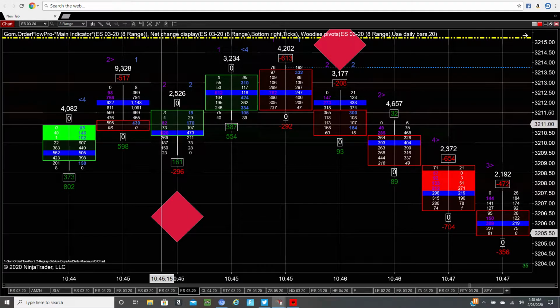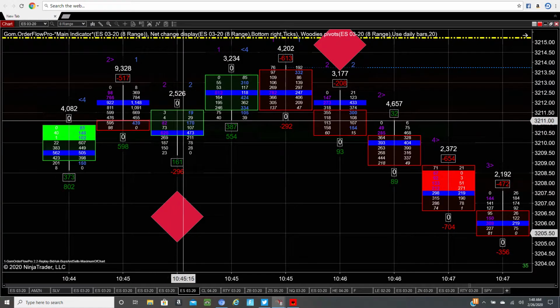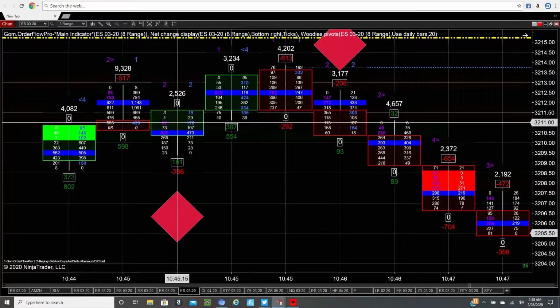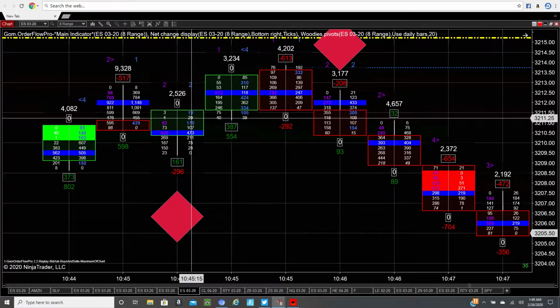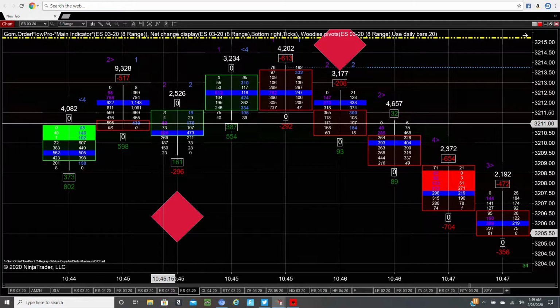Okay, so you had 82 orders that went off here, and you only had 29 that went off on the offer. So you have a disproportionate ratio between the number of contracts that went off on the offer versus the bid. That's all that means.